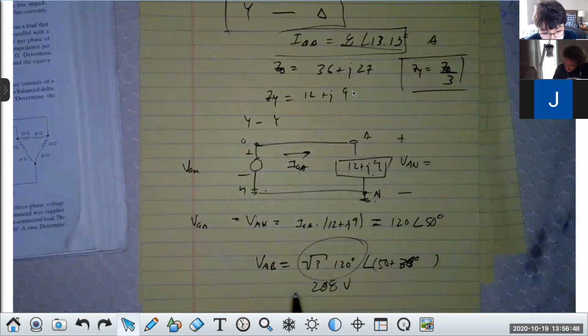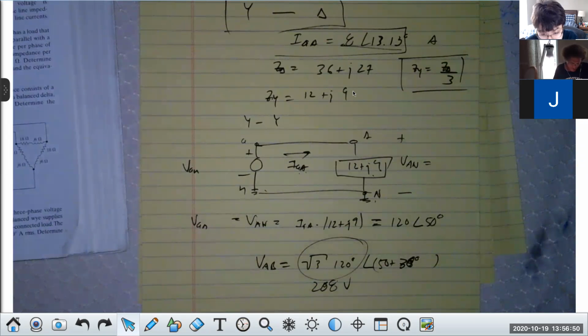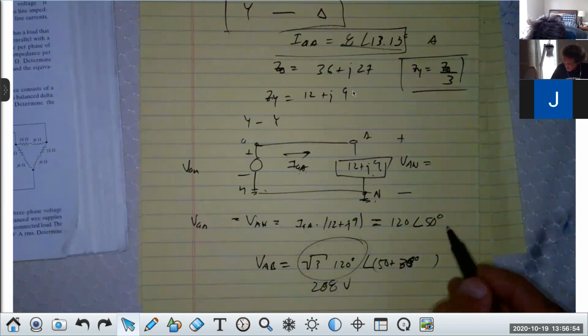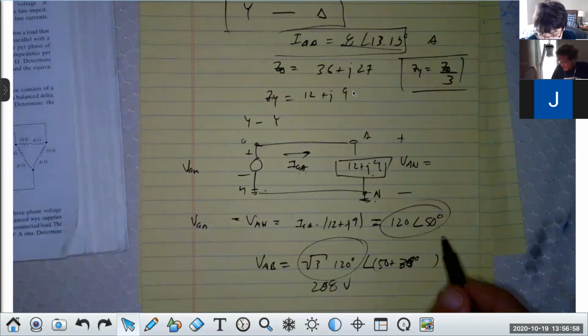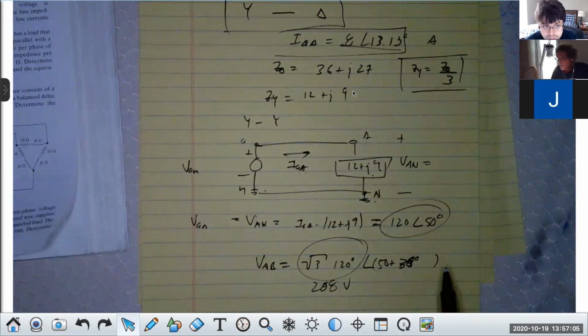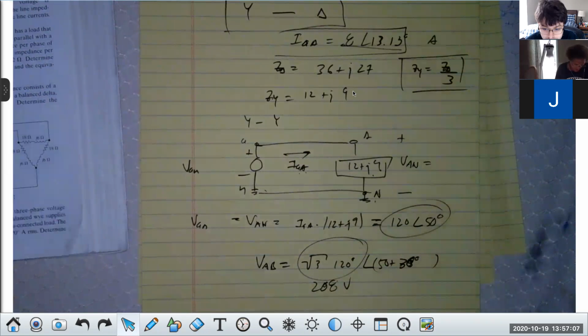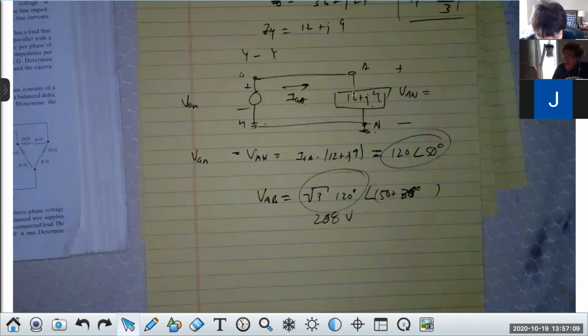That's the actual VAB. This right here would be VAN, then VBN would be minus 120, and VCN would be 50 minus 240, or plus 120. Agreed?